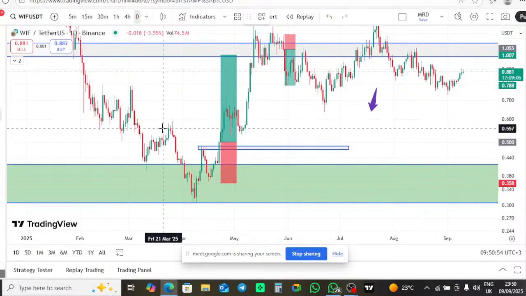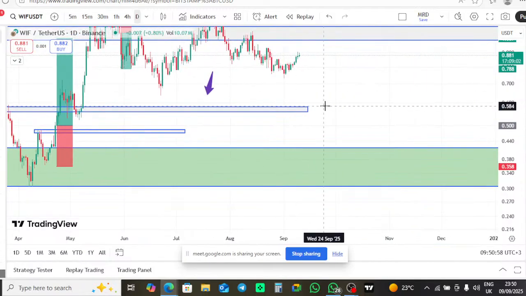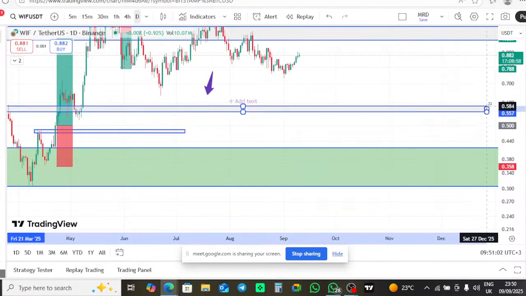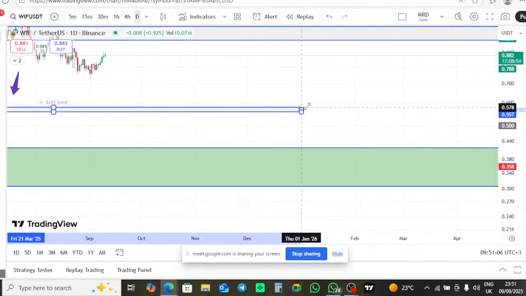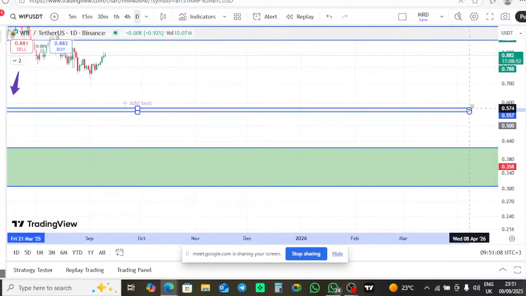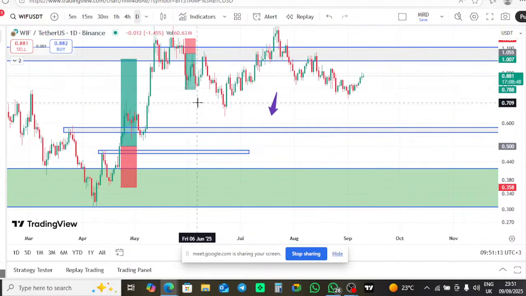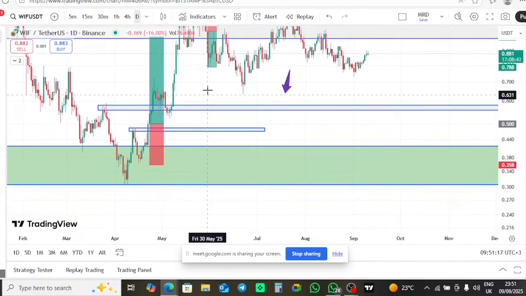We draw it, and make it longer, because it is still working. That is our gray line. And we lock it. Don't forget we are on one day.